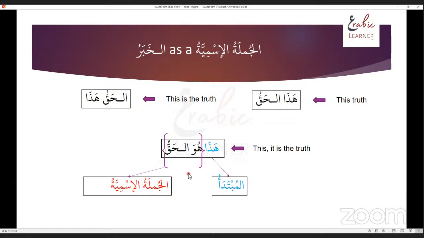Huwal haqqu, it is the truth. Is this clear, brothers and sisters? Okay.